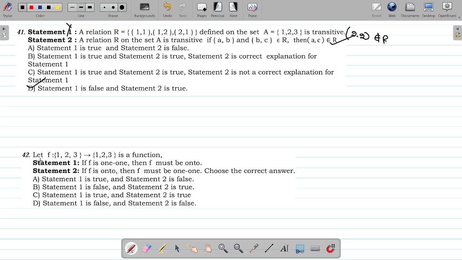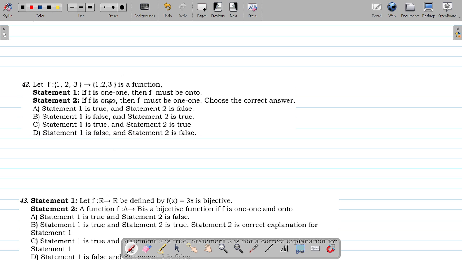Next question. Let f be defined from the set {1, 2, 3} to the same set {1, 2, 3}. If f is 1-1, then f must be onto. If f is onto, then f must be 1-1. So what is the first statement? If f is 1-1, then f must be onto.